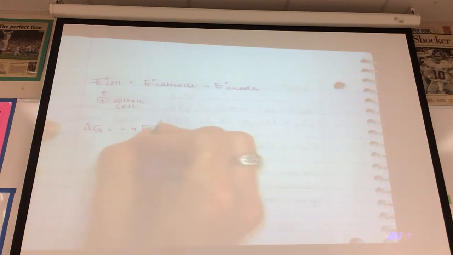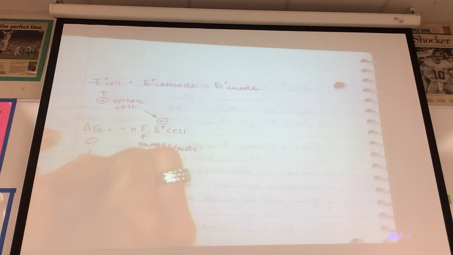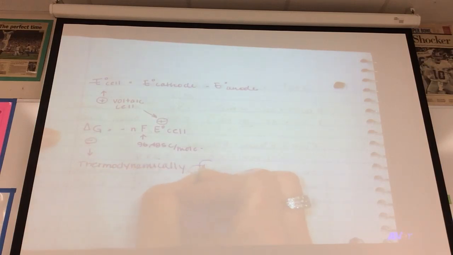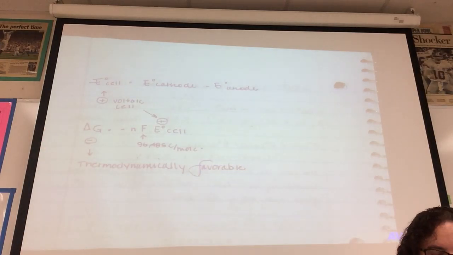And if E cell is positive in a voltaic cell, then delta G must be negative, and therefore the reaction is thermodynamically favorable. So that's where we left off.